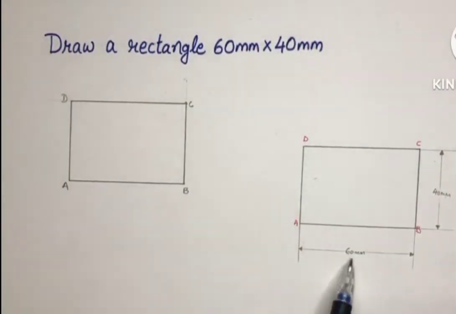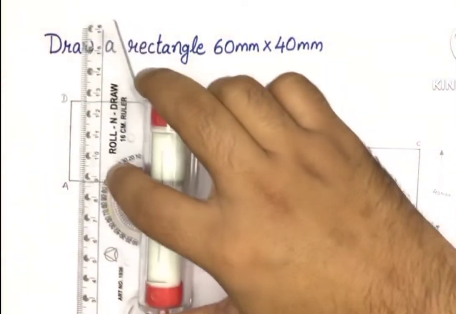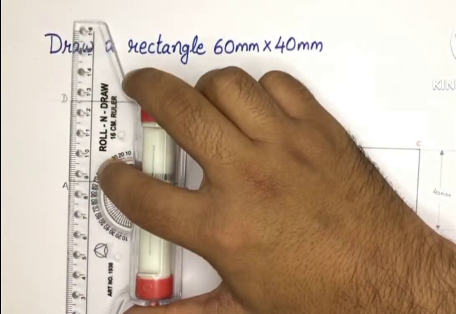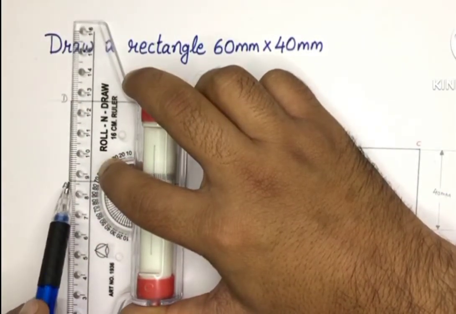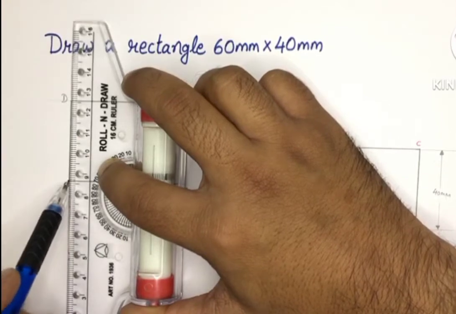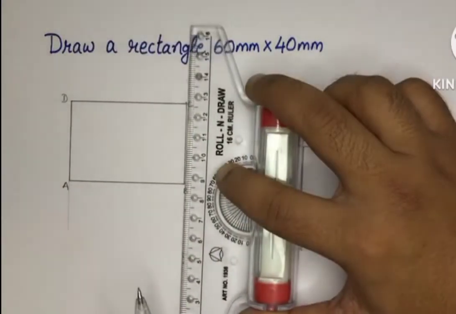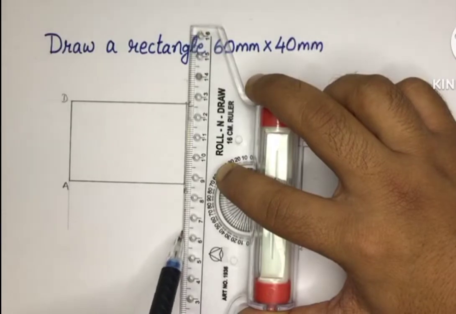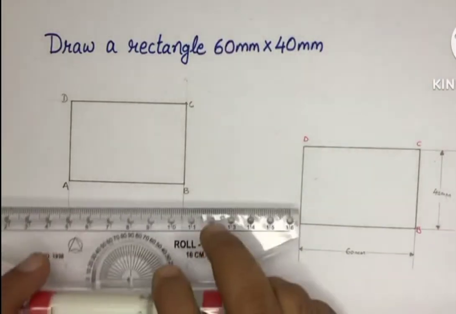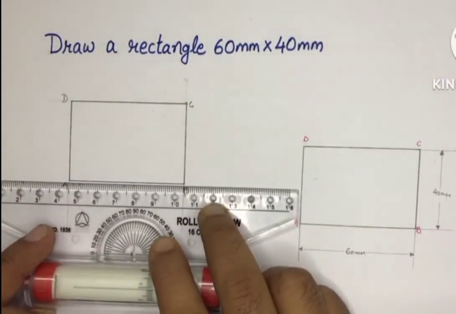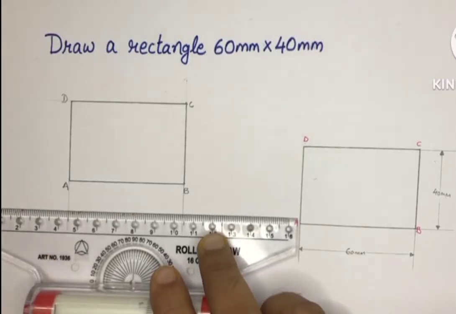Now we can give the dimensions. Project a straight line from AD and BC. Now draw a line parallel to side AB to draw dimension line.